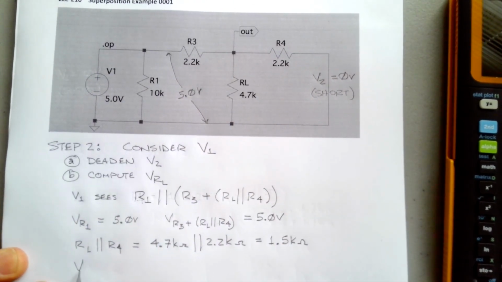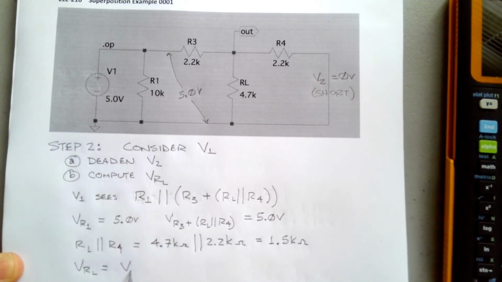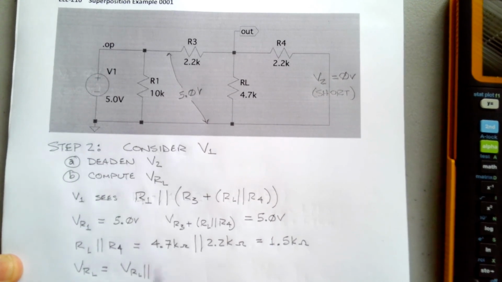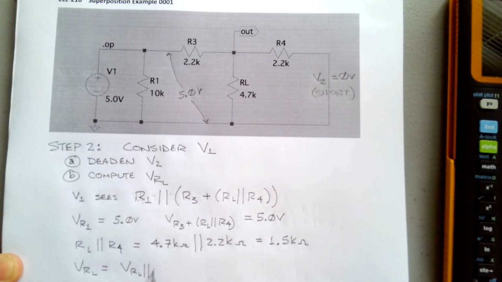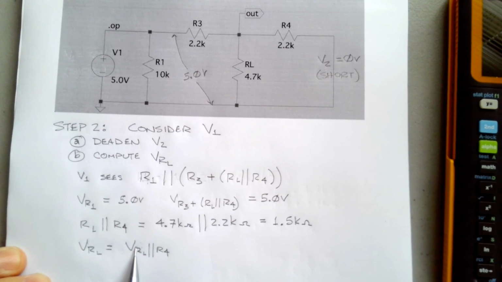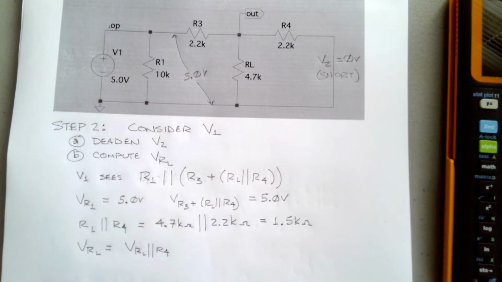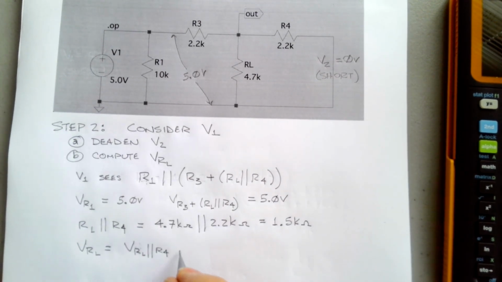Again here, VRL is going to be equal to VRL in parallel with R4, because in a parallel circuit the voltage across any one resistor, VR4, VRL, they're all the same. And so what we're going to use here is the voltage divider rule yet again.